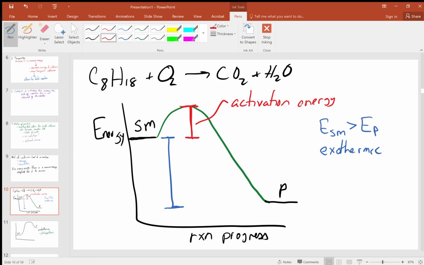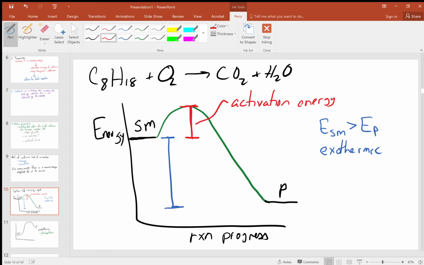The activation energy is the minimum amount of energy needed for a reaction to occur. So for any reaction, we always need to put in energy first, even if that reaction is going to give off energy at the end. Now, if you think about most combustion reactions, you don't keep having to put energy into them. You just do it once and the reaction keeps going. That's because once it's started, it gives off enough energy to keep going.